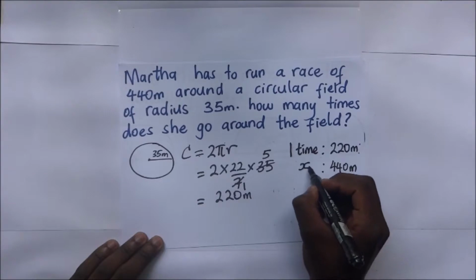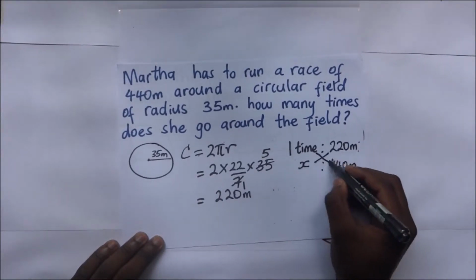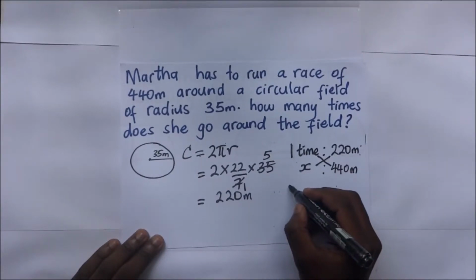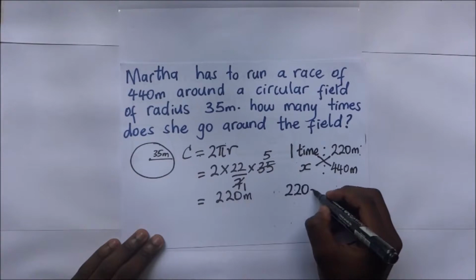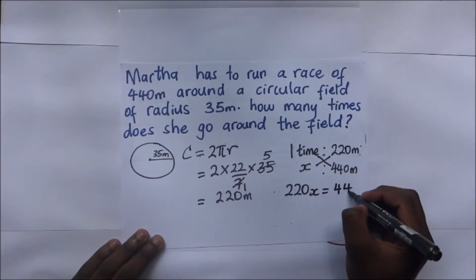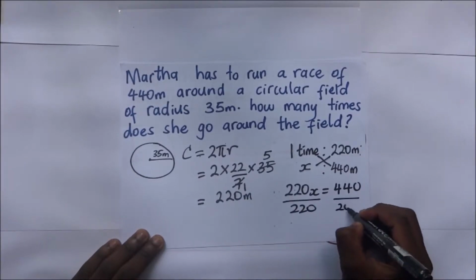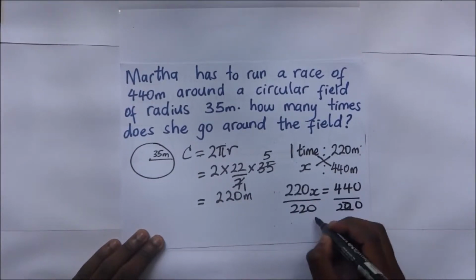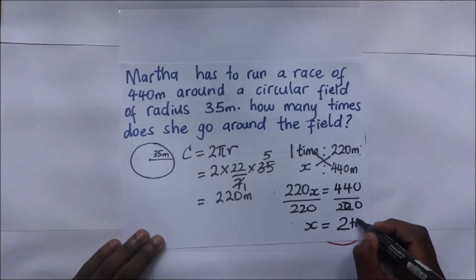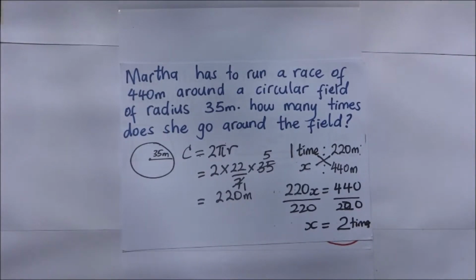We do not know how many times, so we call that x, and then we cross multiply. x times 220 is going to give us 440 times 1, which is 440. When you divide both sides by 220, we shall end up with x giving us 2 times. So she has to move around 2 times.